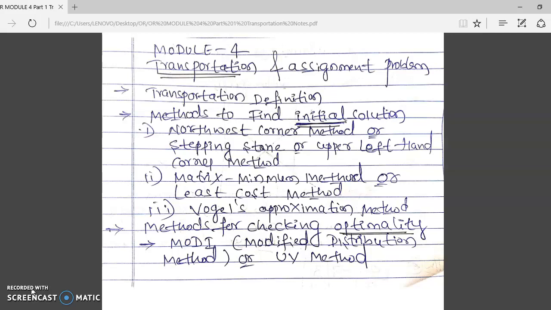Similarly here, whatever answer we obtain from any of these three methods is just the initial solution. In order to get the optimal solution, we go for the next method. The method for checking the optimality is the MODI method, modified distribution method. Another name for the method is UV method.